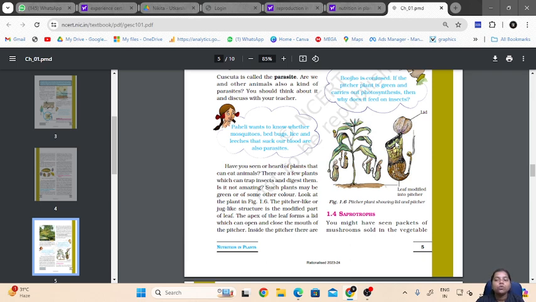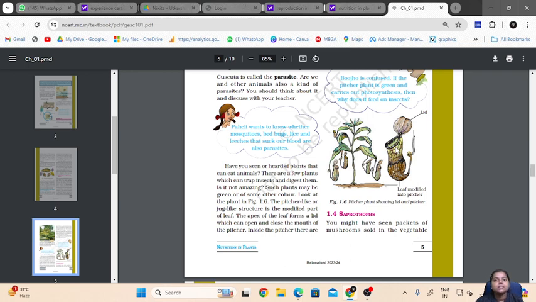What happens whenever an insect enters that particular plant, the lid automatically gets closed. And what happens to that insect? It gets trapped inside within those hairs. It cannot come out once it has gone inside.